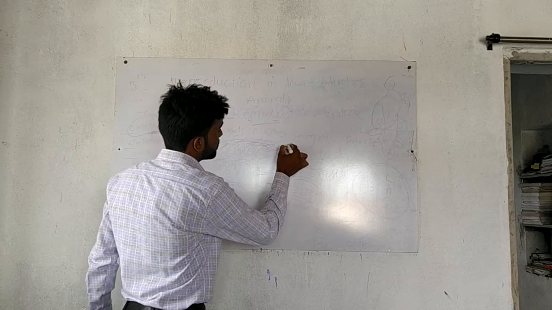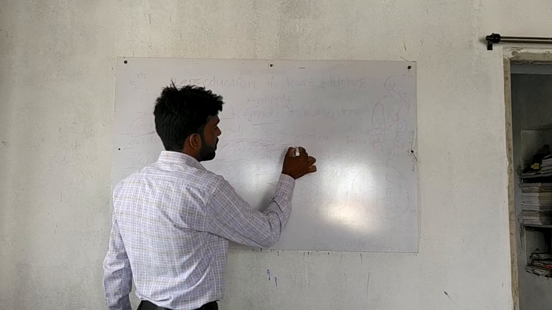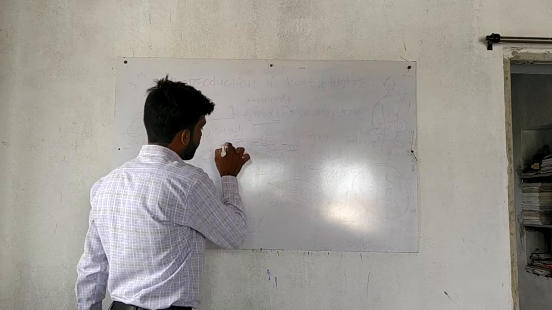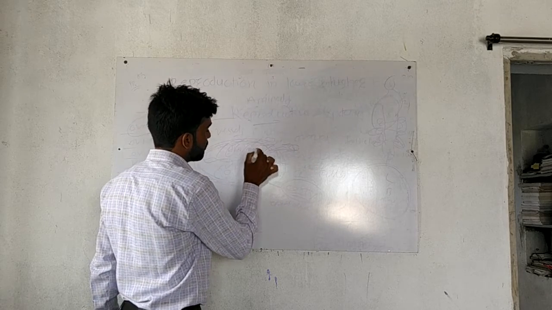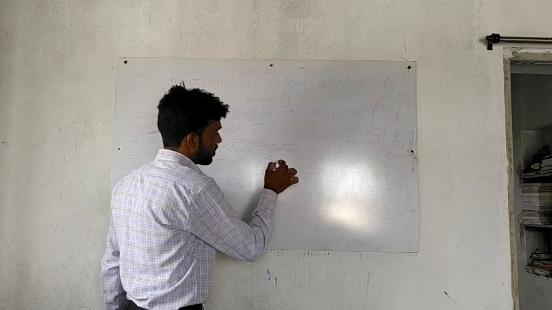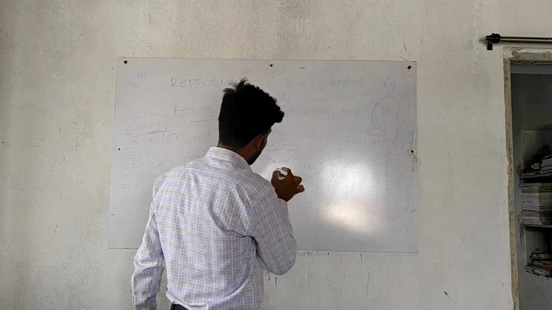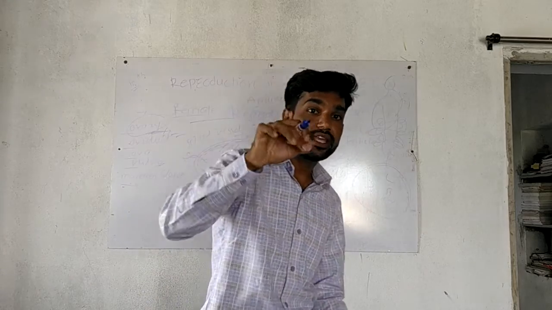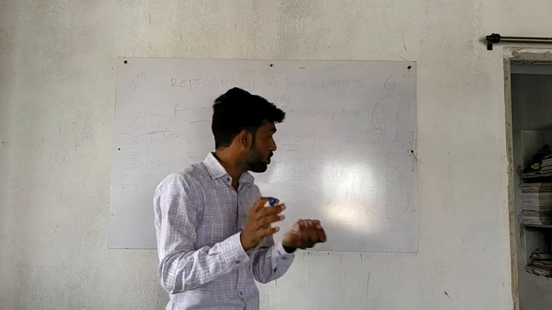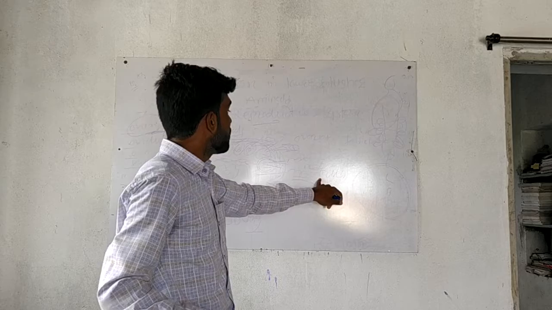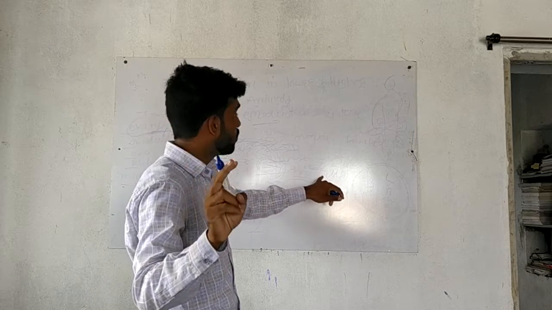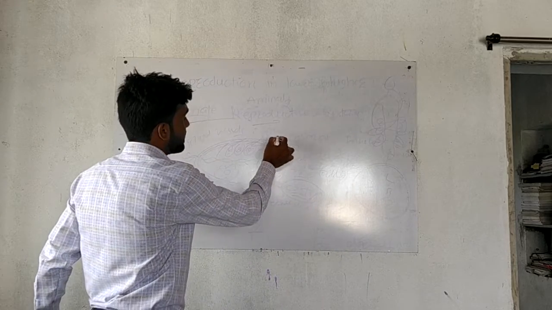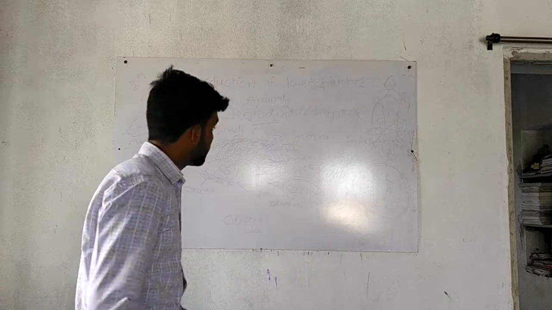These are found as Graafian follicles in a number of stages: the primary follicle, secondary follicle, tertiary follicle, and the mature ovum, which contains the oocyte. The formation of oocytes is also known as oogenesis.